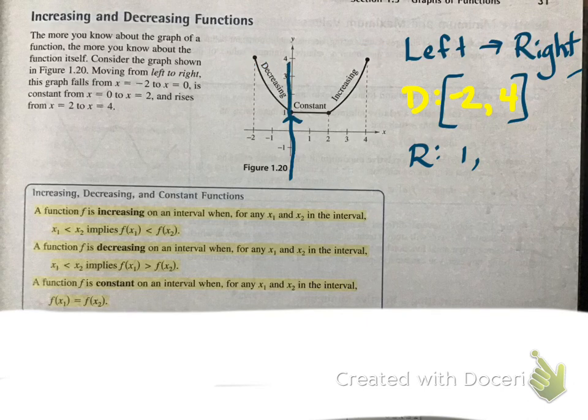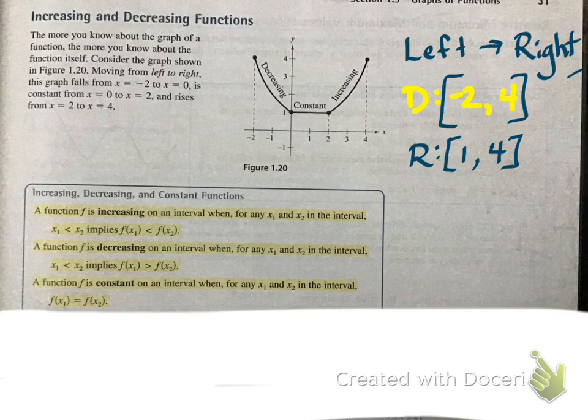And then we go all the way up to here, and that's our top y value. And there's a closed circle here at the bottom and a closed circle at the top, so we get to use brackets. We'll get more practice with that in upcoming days.